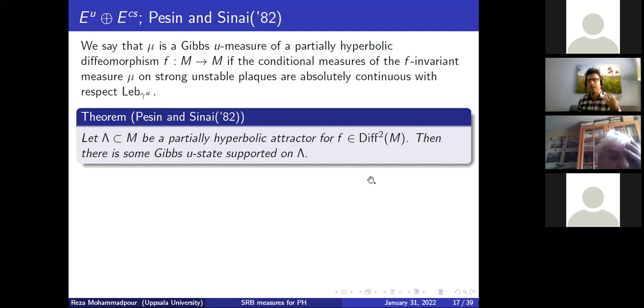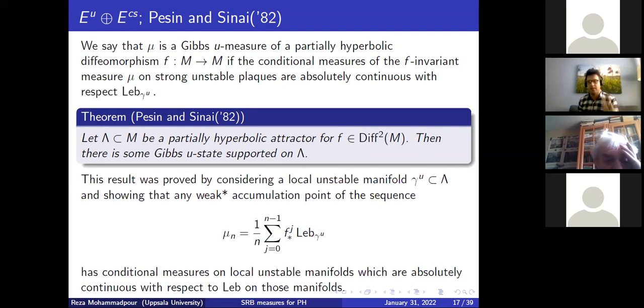I will explain what I mean by the classic technique. The Pesin-Sinai result is as follows. Let Lambda be a partially hyperbolic attractor for a diffeomorphism F. Then there is some Gibbs-u state supported on the attractor. The technique is as follows. Since they have uniform expanding, they can use the classic technique. They consider a local unstable manifold gamma^u, and show that any weak-star accumulation point of the sequence has conditional measures on the local unstable manifold which are absolutely continuous with respect to Lebesgue.